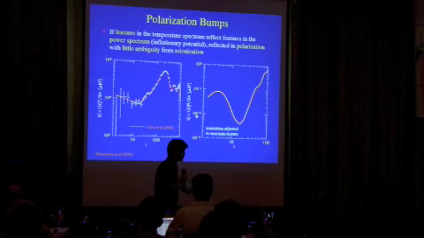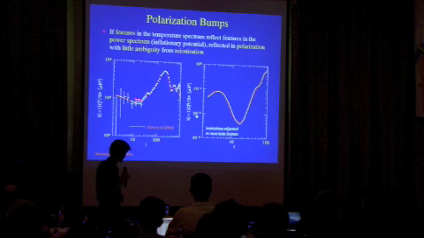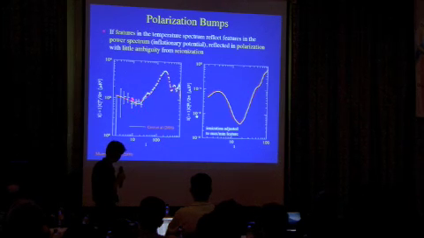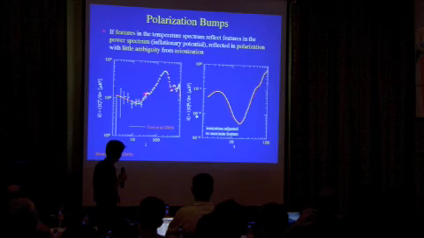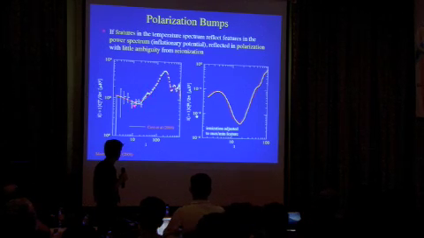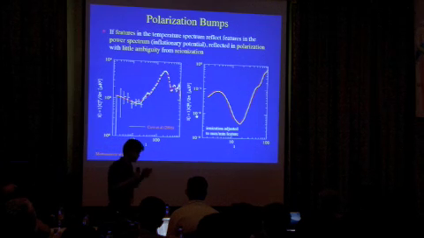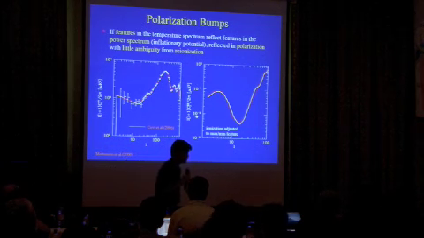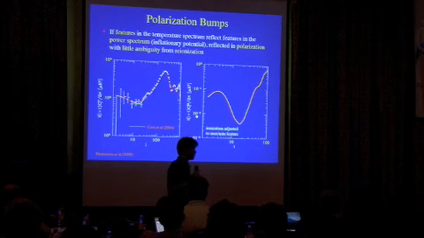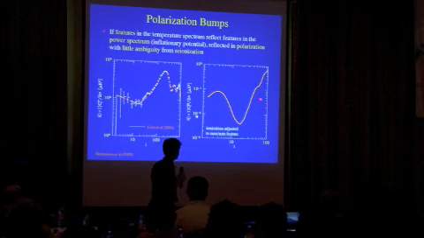Similarly, for things like features in the temperature power spectrum, there's been speculation that maybe these aren't just statistical flukes, these features, and maybe they have a more fundamental origin in inflation. So suppose they did, well, you would produce features in the polarization field.